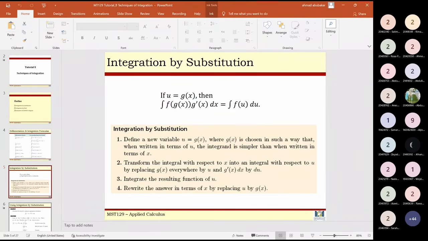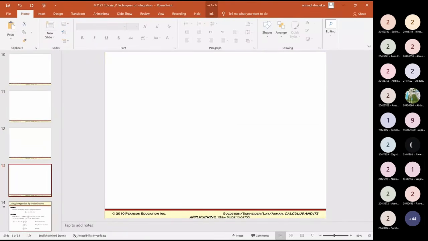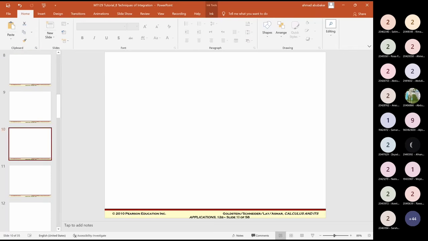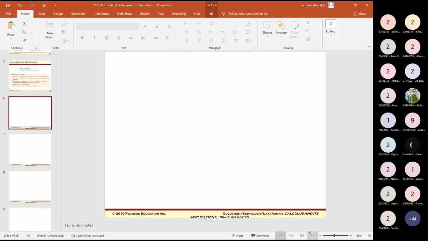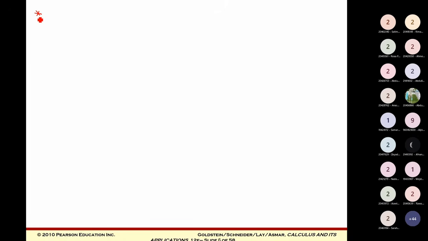If we have a function inside, for example, brackets, inside the radical, power of e^x, and so on, we can use substitution. First one, integration by substitution.